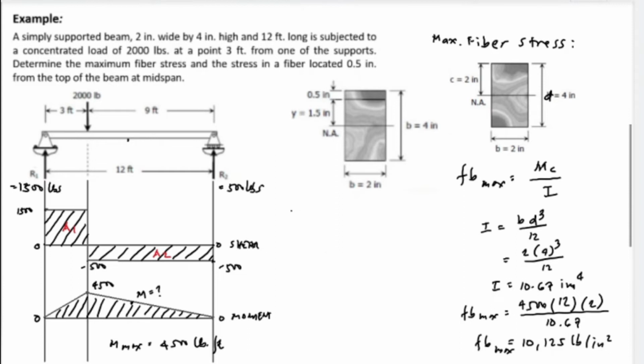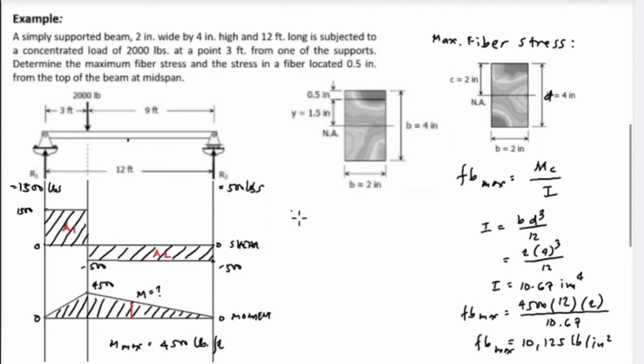So let's try from this point downward, and we can have the ratio and proportion of the small triangle and the big triangle.